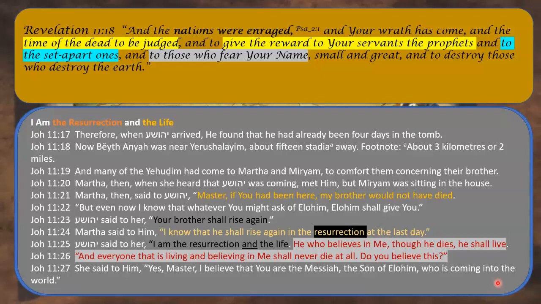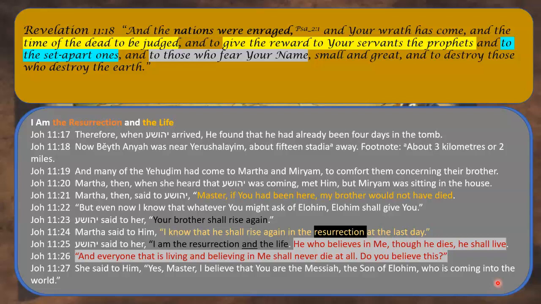That part she had right. Lazarus's dead body would be resurrected to its glorified state at the last day. If she had it totally right, she would have stopped there, but he doesn't. He goes on to explain to her.